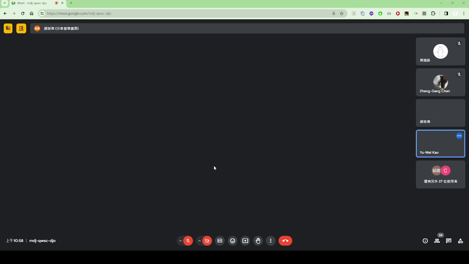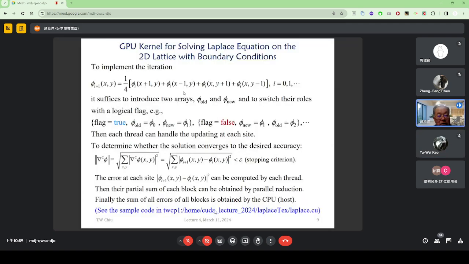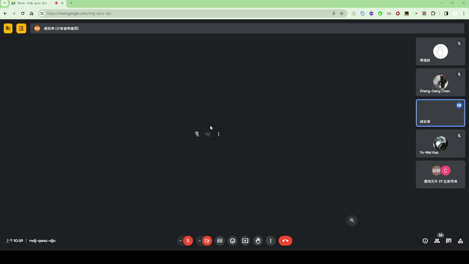So I just use two arrays, one called new and the other called old, and then I switch the roles. Using a logical flag: when it is true, old is phi 0 and new is phi 1. After I finish this update, I turn the flag from true to false.